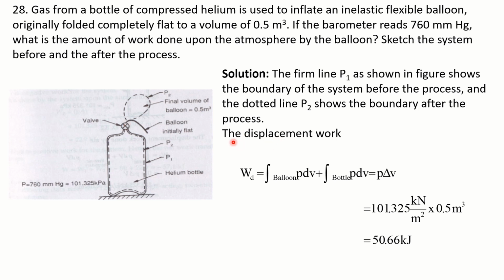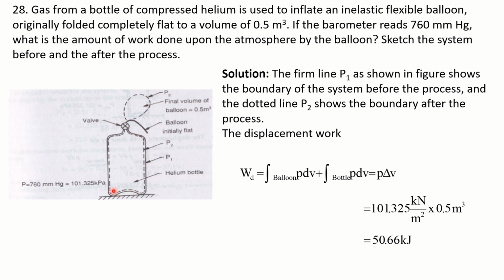So, the displacement work or the PdV work done, integral of PdV for the balloon I am talking about, pressure and change in volume of this, plus the bottle P dV.